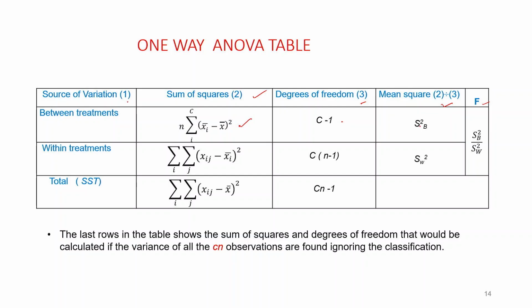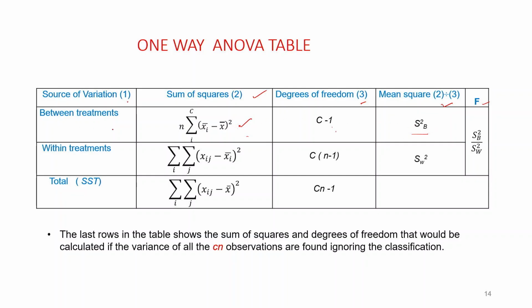Or basically it is a standard deviation calculation. If I take the square root of this, this becomes S_B instead of S squared. So what we are writing here is the formula for calculating the variance. This divided by this is the variance.